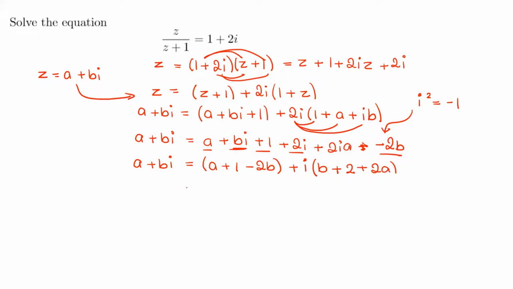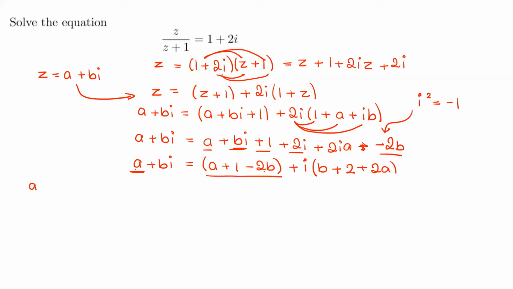Perfect. So guys, whenever we have two complex numbers equal to each other, like we do in this case, we have a real part on one side and a real part on the other, an imaginary part on one side and an imaginary part on the other. What we can do is form two equations where the real is equal to the real and the imaginary is equal to the imaginary. So the real part on the left is just equal to a.